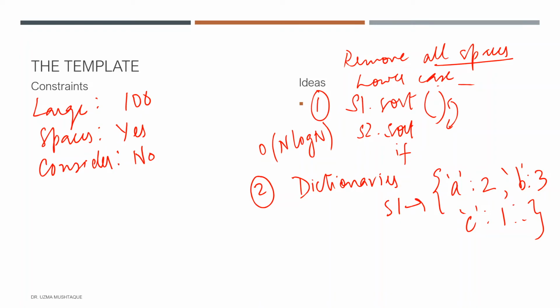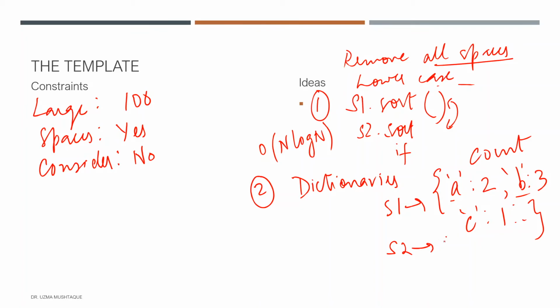And then I'll go and check S2 and also check their occurrences, and then start subtracting every count of each letter. For example, when I go into S2, I'll say, okay, A exists, and every occurrence of A should be subtracted from this particular dictionary, let's say called count.